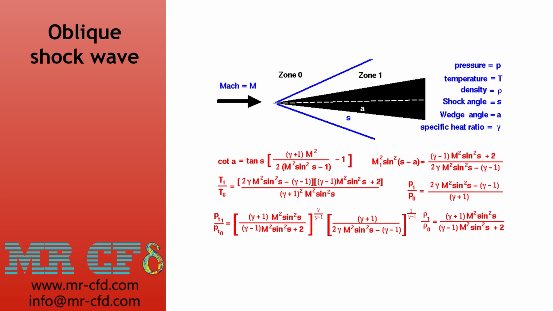So for the oblique shock wave, when we analyze the shock wave in a flow field which is still attached to the body, the shock wave, which develops at some arbitrary angle from the flow direction, is termed an oblique shock. These shocks require a component vector analysis of the flow, which allows the treatment of the flow as orthogonal to the oblique shock, as compared to the normal shock.